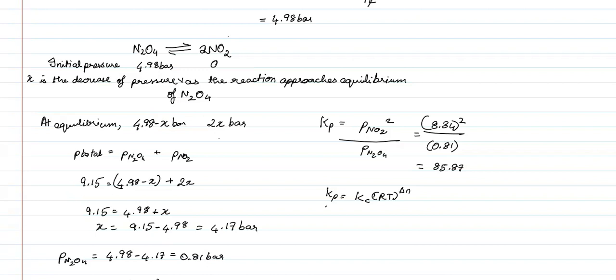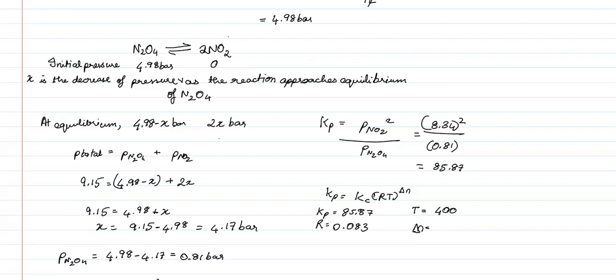Now, Kp is equal to 85.87. R, which is the constant, equals 0.083. T is the temperature, that is 400 Kelvin. Delta N will be equal to the product minus the reactant.